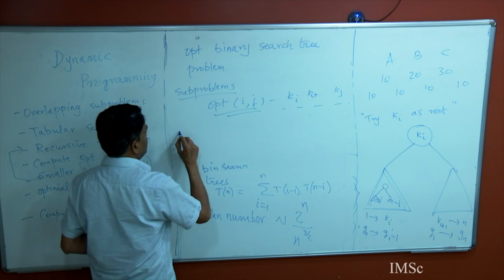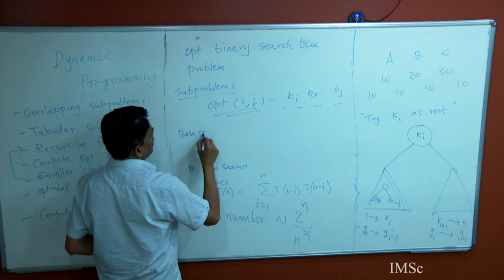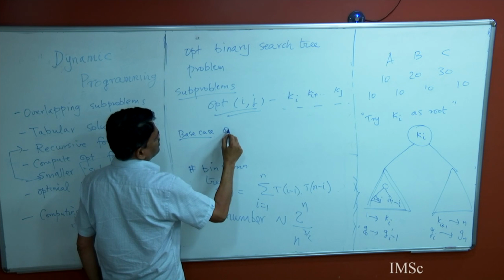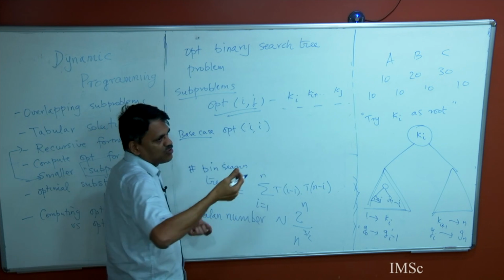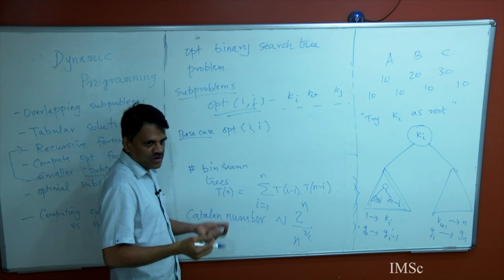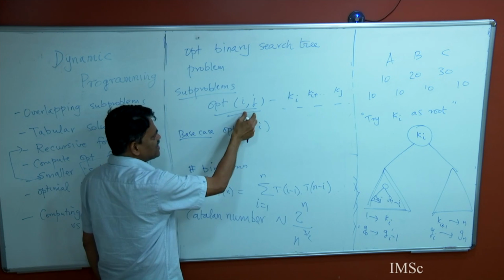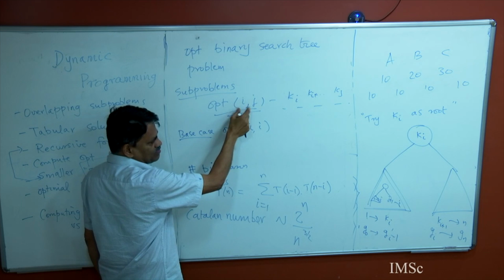The base case would be opt i to i or something like that. There is only one key, you just put it in the root and you will get it, right. Basically, this distance is increasing, right.